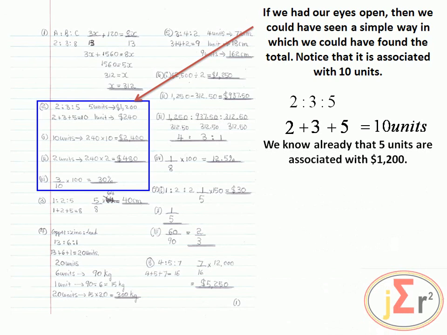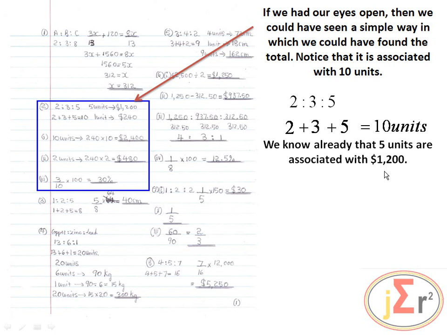Because we are told in the statement of the problem that the largest share amounts to $1,200. The largest share is responsible for these 5 units, and that is associated with $1,200.